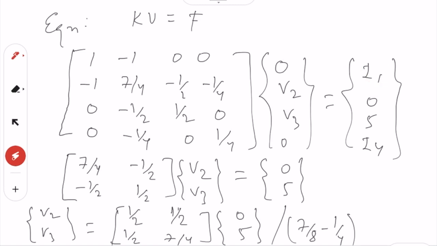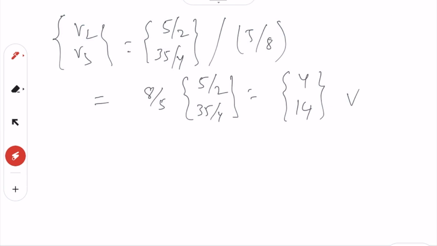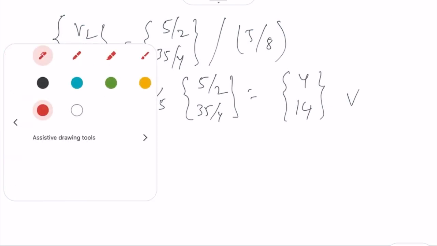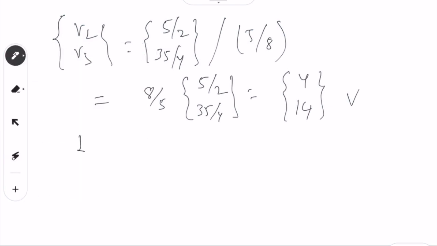We get I1 equal to minus V2 simply, right? So just we will write I1 equal to minus V2, and minus V2 is 4, so you get minus 4 ampere.